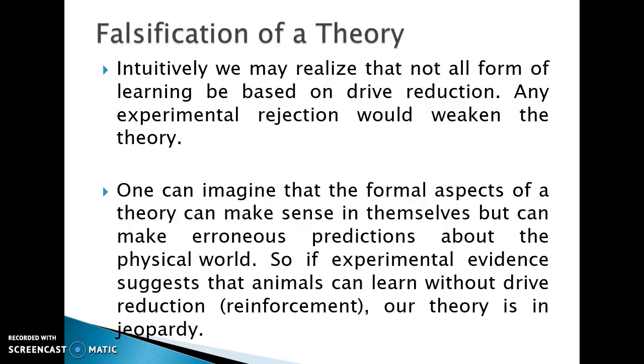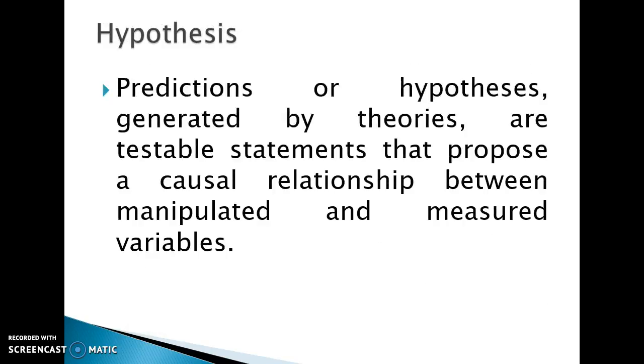One can imagine that the formal aspect of a theory can make sense in itself, but can make erroneous predictions about the physical world. So if experimental evidence suggests that animals can learn without drive reduction, our theory is in jeopardy. All right, so this is about a hypothesis.